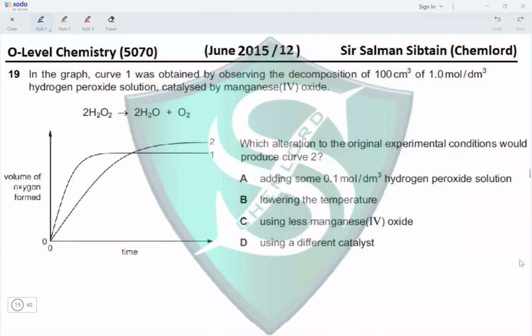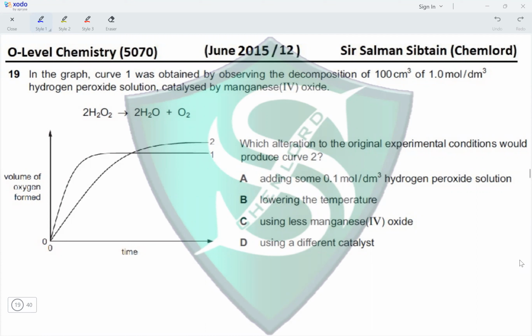Question 19. In the graph, curve 1 was obtained by observing the decomposition of 100 cm³ of 1 mole per dm³ hydrogen peroxide solution catalyzed by manganese(IV) oxide. Okay. Which alteration to the original experimental conditions would produce curve 2?